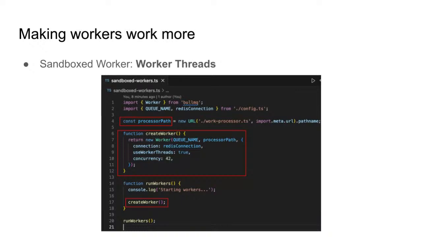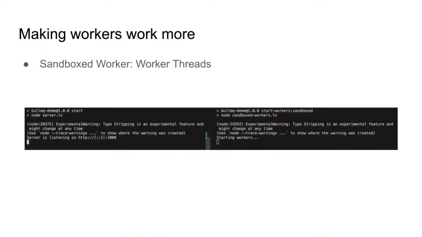Calling this create worker should create the worker and have a worker running and watching the queue. That's only one worker with the use worker threads option equals true, and the concurrency factor I kept as 42. If I run the server, I'll have the server listening, and if I run the sandbox workers, I'll have the workers watching.